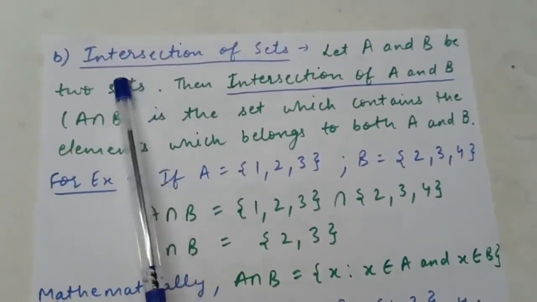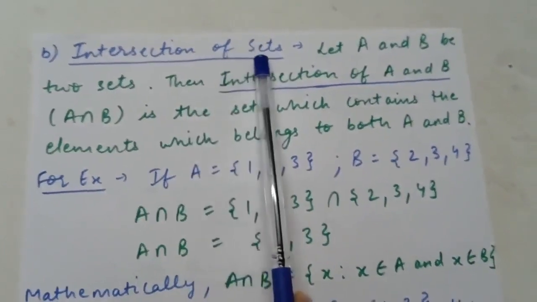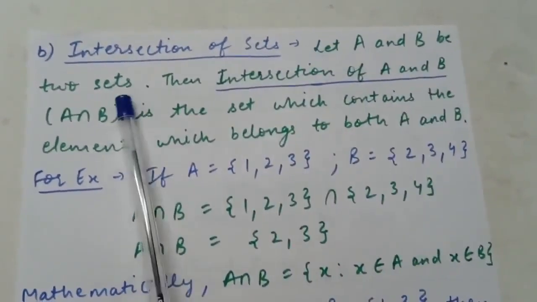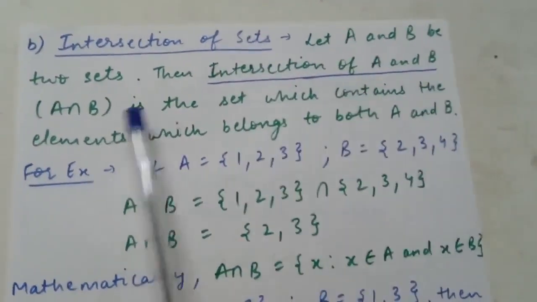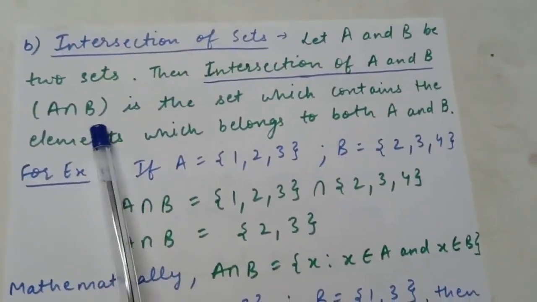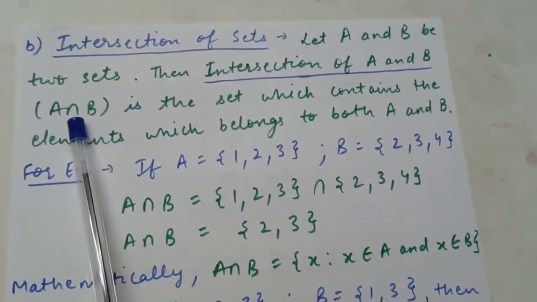Now comes the next operation, which is the intersection of sets. Let A and B be two sets, then the intersection of A and B is represented by this symbol. This symbol is used for intersection.